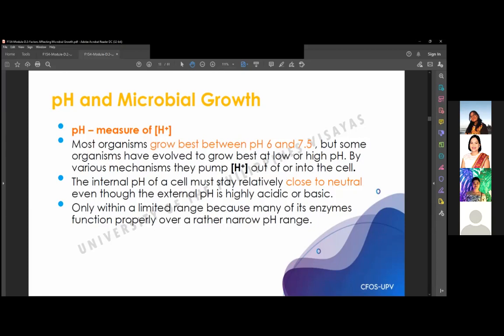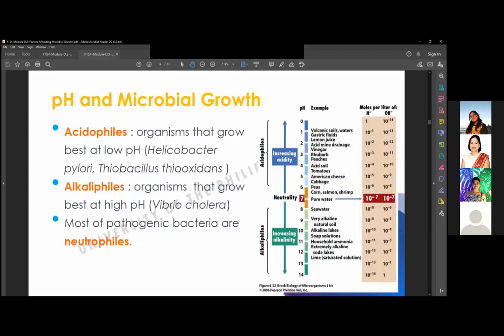But they have some sort of mechanism on how to adapt to the varying pH in their environment. Alright? Next. So they are categorized as acidophiles, alkaliphiles, and neutrophiles based on the pH at which they grow. Okay?